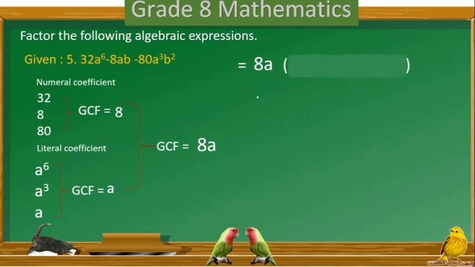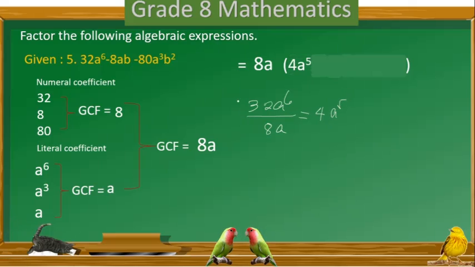First, divide the first term, which is 32a to the 6th divided by 8a. That is 32 divided by 8, that is 4. Then a to the 6th divided by a, that is a to the 5th.